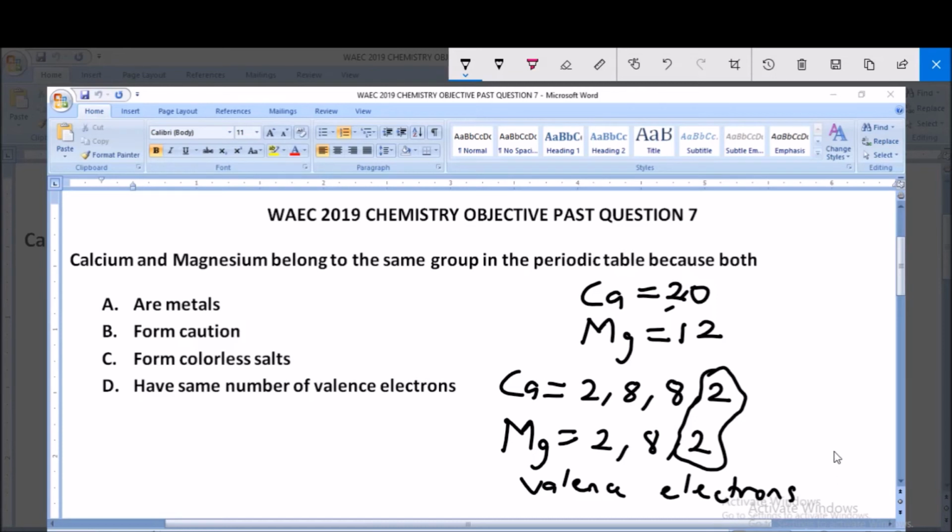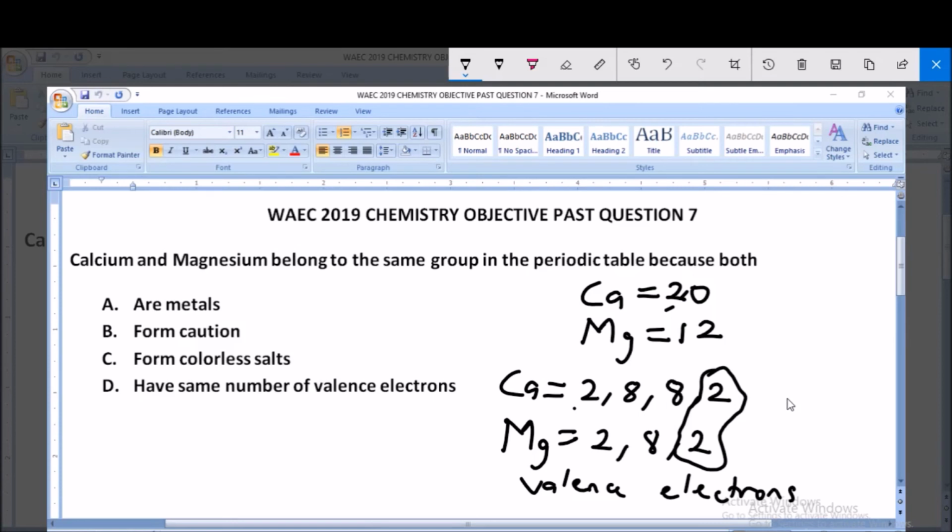These valence electrons are the ones involved in the formation of chemical compounds, or generally involved in chemical reactions. The number of valence electrons also tells us what group each element belongs to.